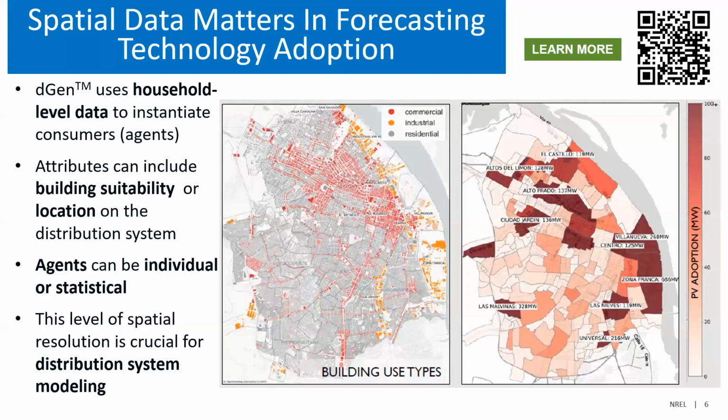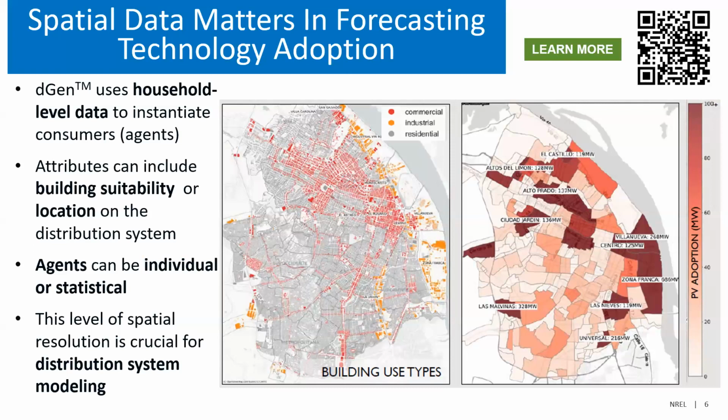So why is spatial adoption, or looking into spatial domains, important? Spatial domains, as I was mentioning, are key because there is a lot of variance that we will see when we aggregate things up that might not come up in our analysis.